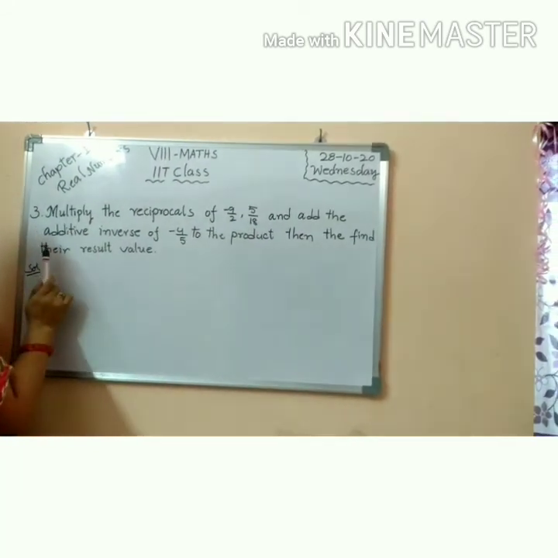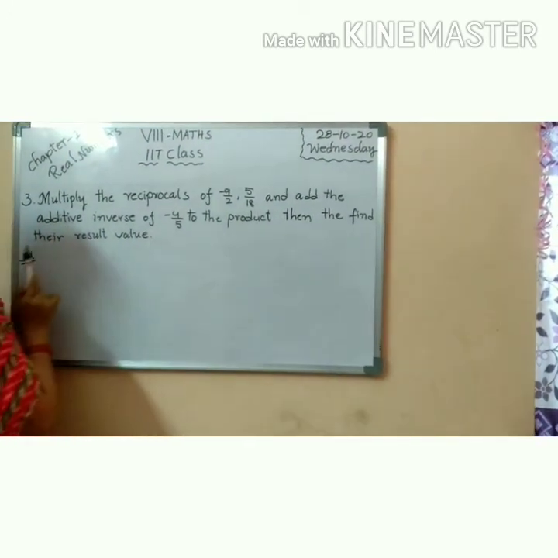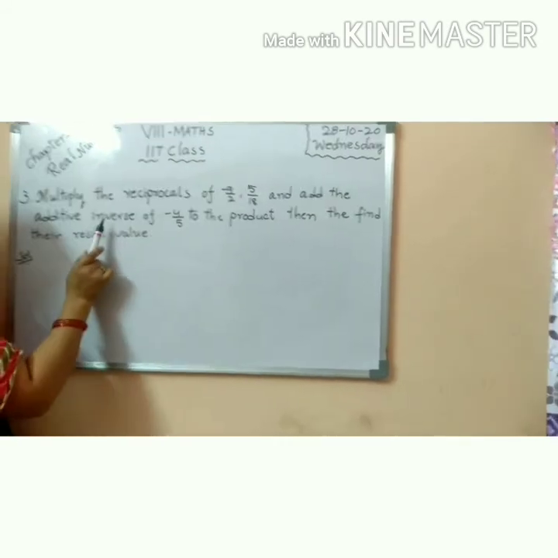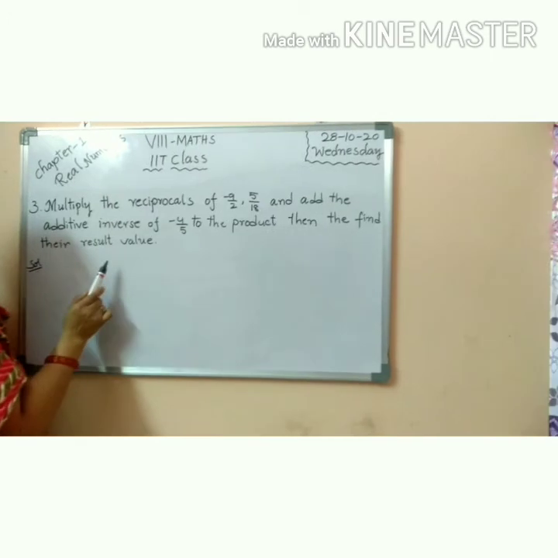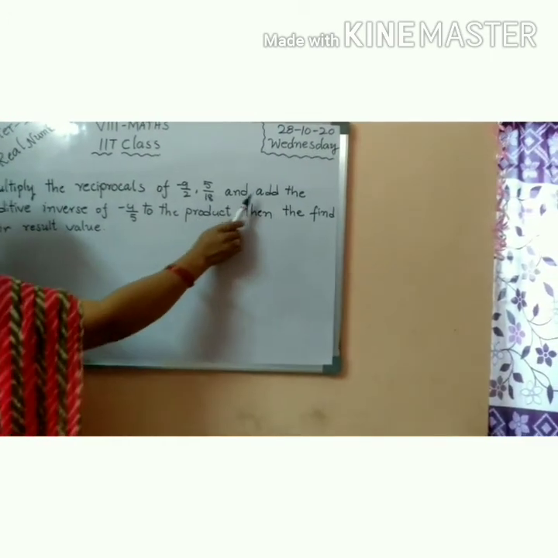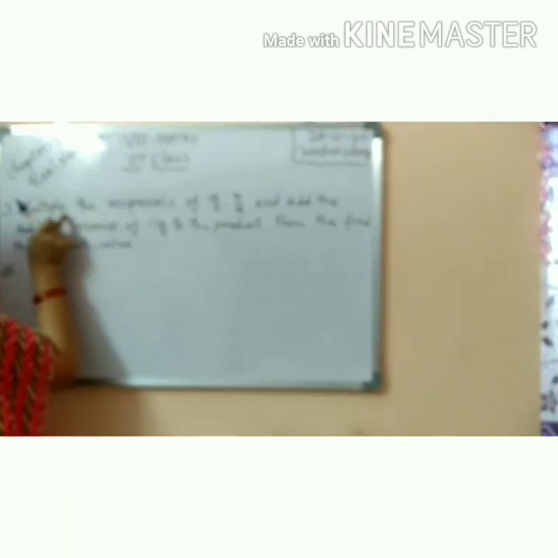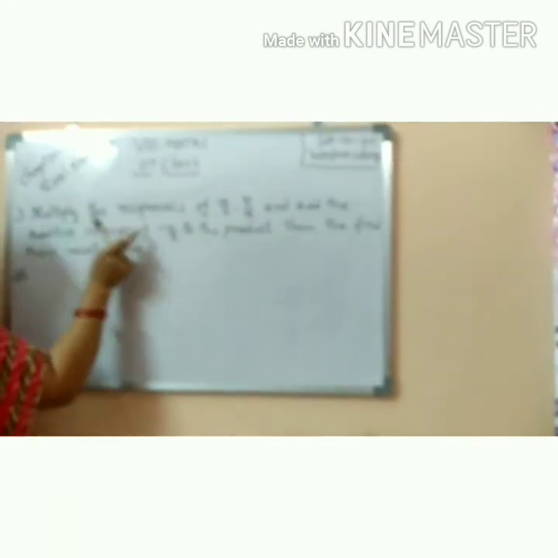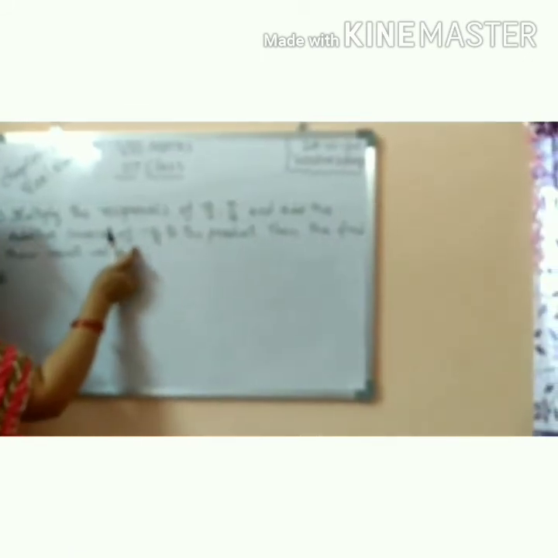That is one part. The second part is the additive inverse of minus 4 by 5, which is 4 by 5. Next, the third part is to add the additive inverse, 4 by 5, to the product. Here multiply the results and add the additive inverse. Add the two values, and what is the value?